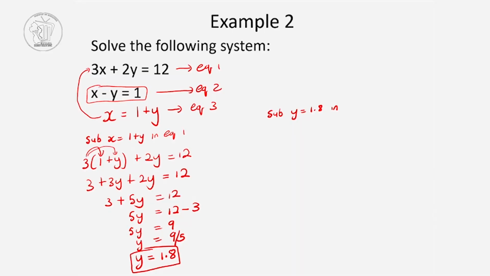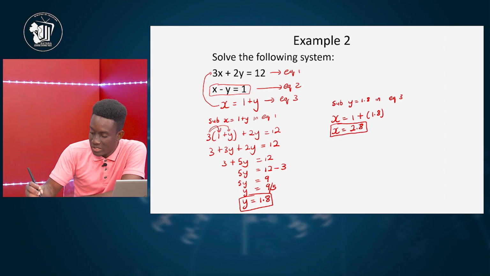Of course, the easiest equation to use would be equation 3 because x is already the subject. So x is equal to 1 plus, instead of y, we say 1.8. So x will be equal to 1 plus 1.8 will give us 2.8. And that will be our value for x.